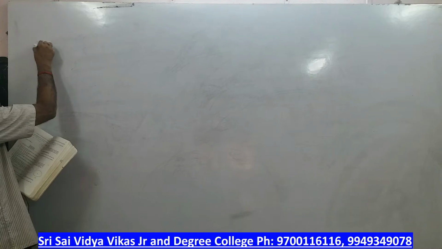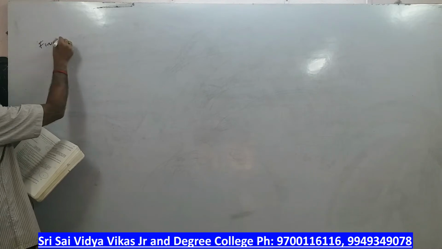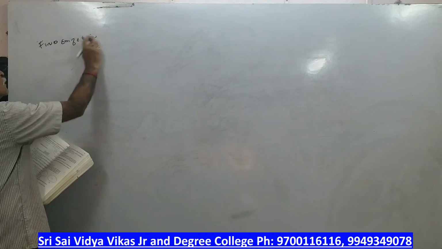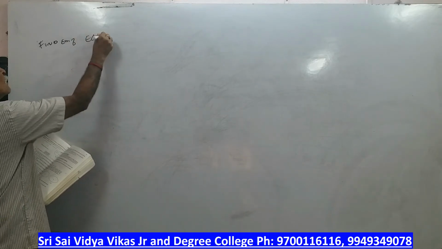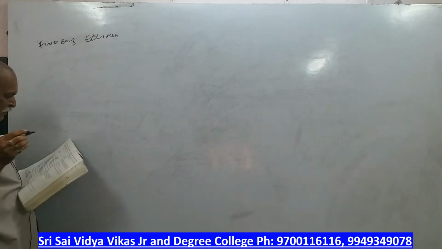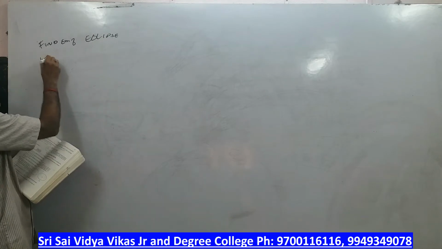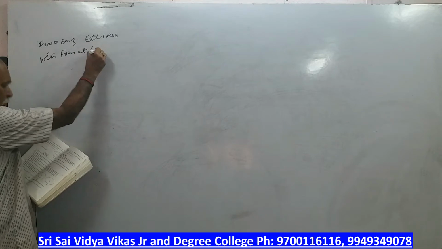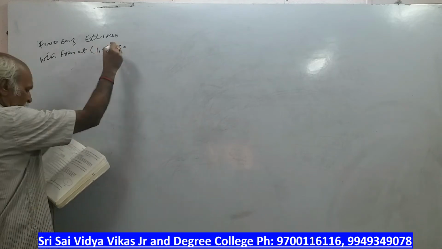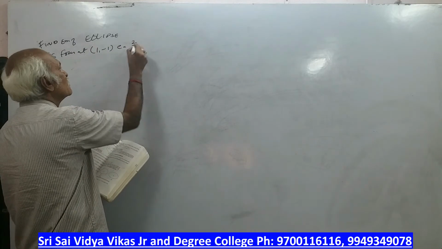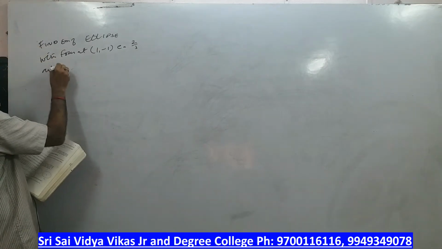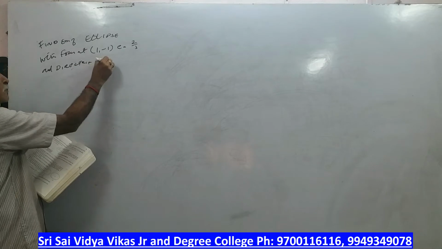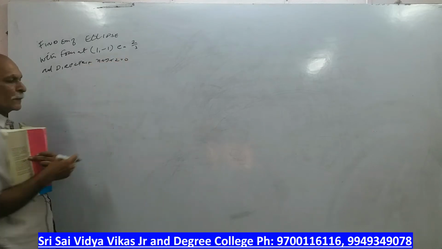Find the equation of the ellipse with the focus at (1, -1), e is equal to 2 by 3, and directrix x + y + 2 = 0.